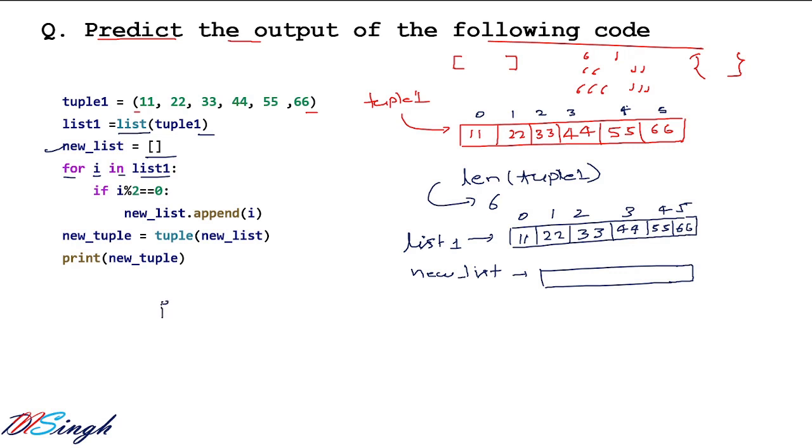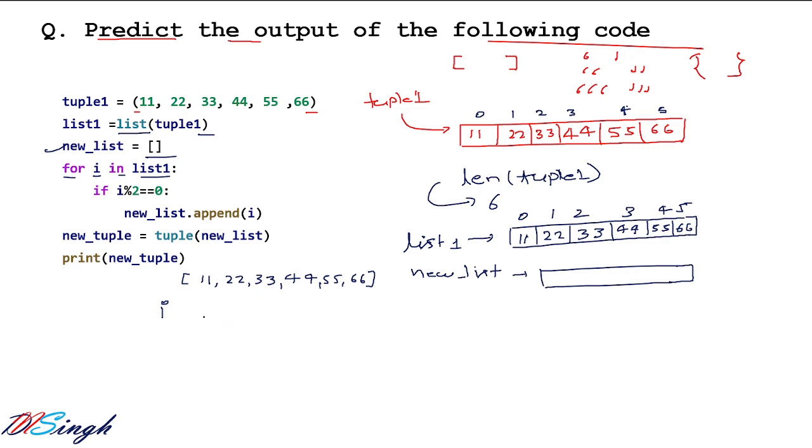Let me write here the loop variable, that is i. It is going to pick values from the list, and this list contains 11, 22, 33, 44 and 55, 66. So this i will pick the elements one by one.